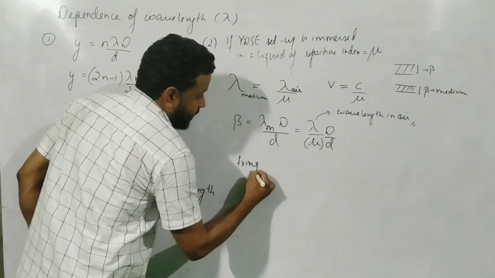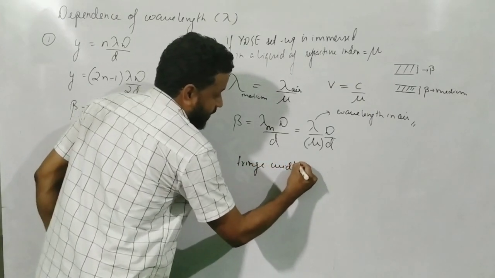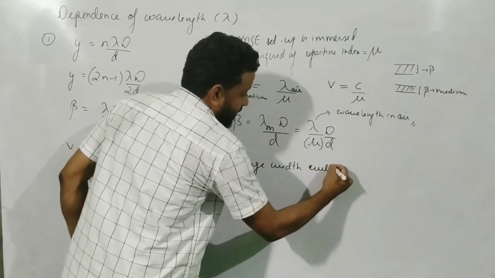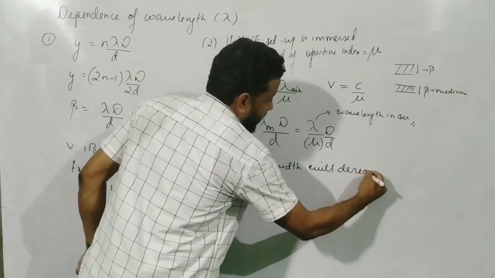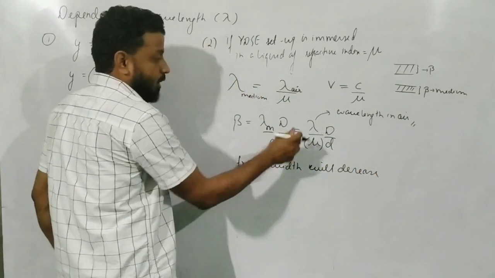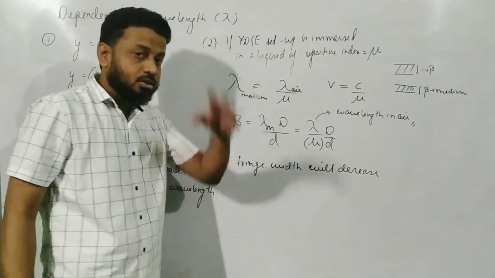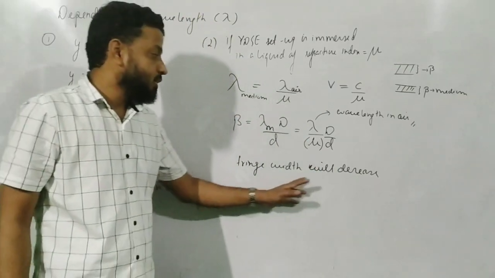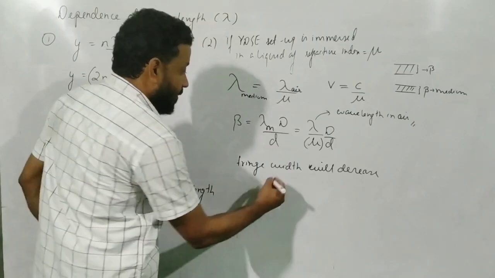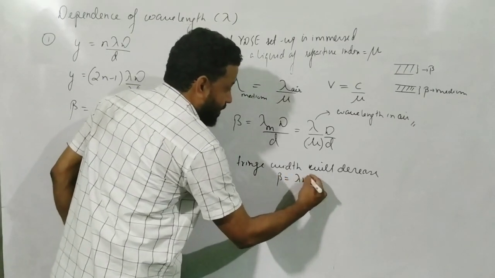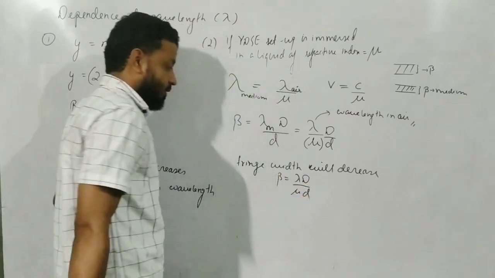So what will you have to write? The fringe width will decrease, and then you write this formula. If you just write that the fringe width will decrease, nobody will give you the marks. So write: fringe width will decrease, and then beta is equal to lambda D by mu times d.